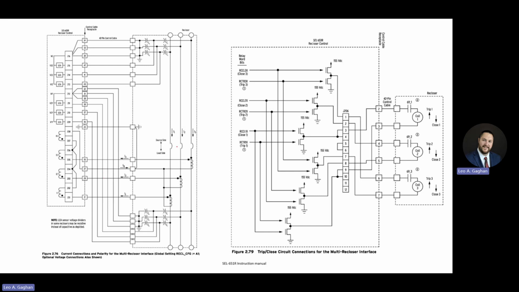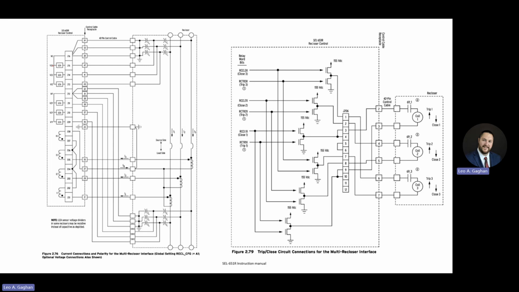And then this breaker right here is meant to be representative of that interrupting point on the recloser. So that's all of your AC connections in this particular example. There are tons of others, but this is a pretty good one.